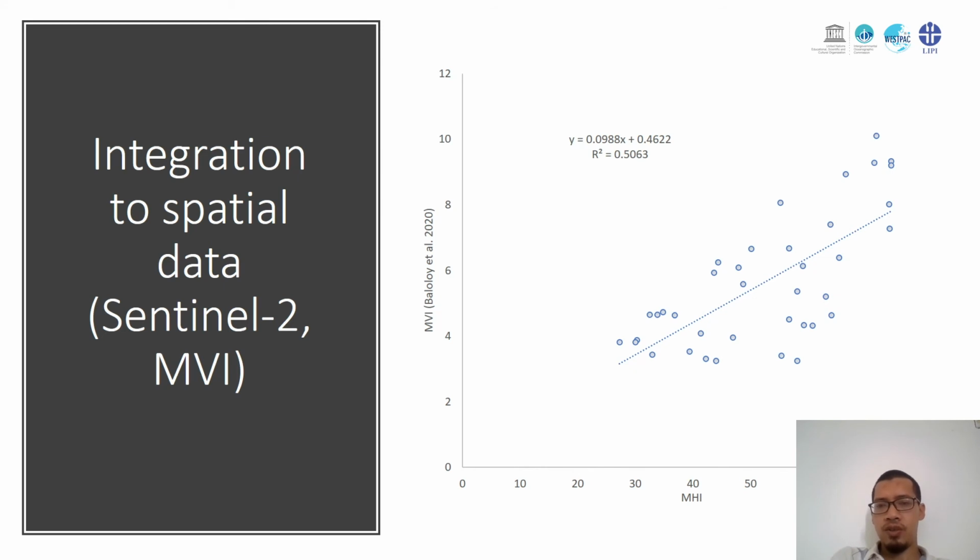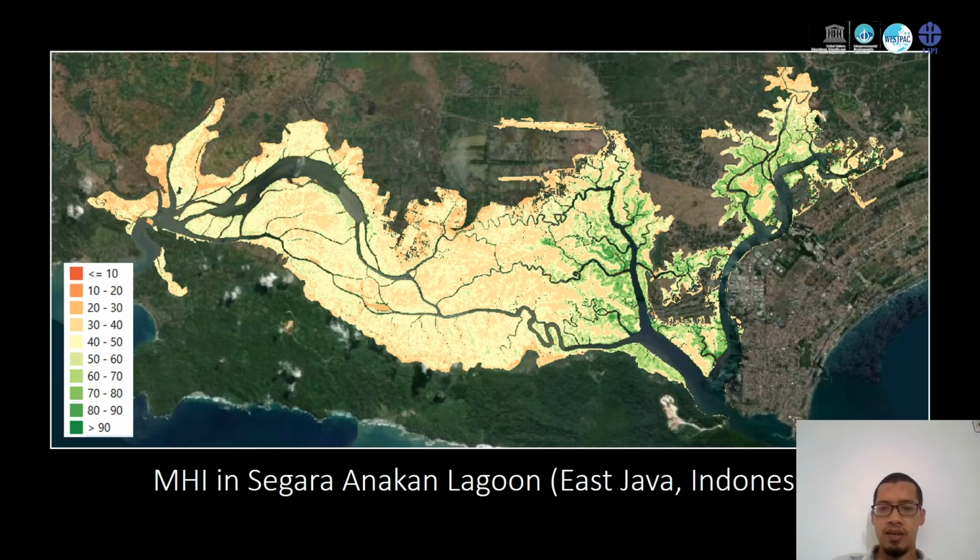And then using this formula, we can create a map. Oh, I forgot to say that the data we extracted for regression analysis is based on field sampling in this area in Segara Anakan Lagoon, East Java, Indonesia. Then using that formula, I calculated back into the Sentinel-2, and then we have mangrove health index maps like this.